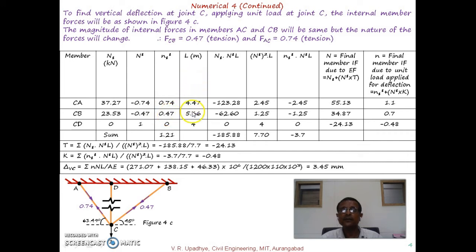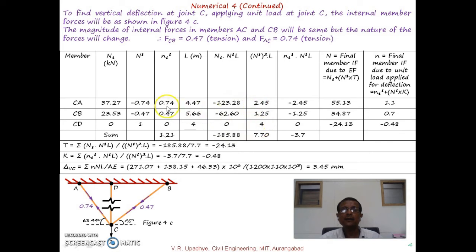So length of each member is known. This is 4 meter and this was 2 meter and this was 4 meter. So with that you can calculate what are the lengths of the members. So length of member CA is 4.47, CB is 5.66 and CD is 4. And now you need to have multiplication with this N1, capital N1, capital N dash and L. So these calculations are given in this table.